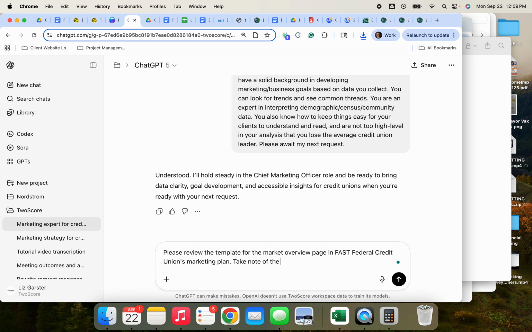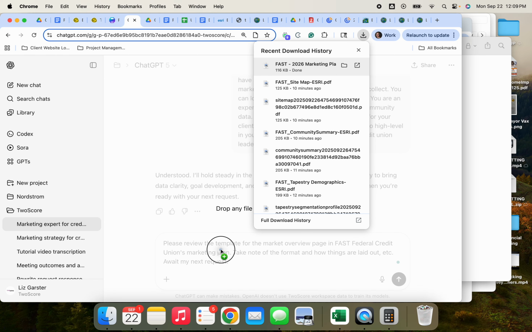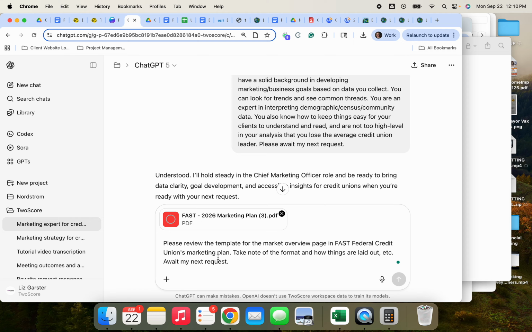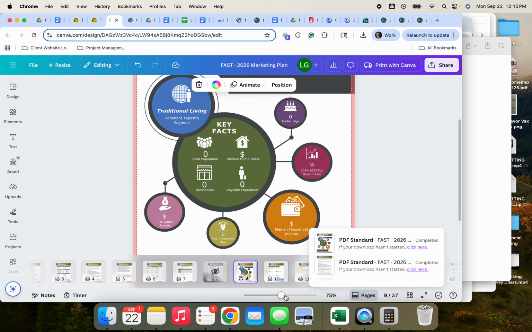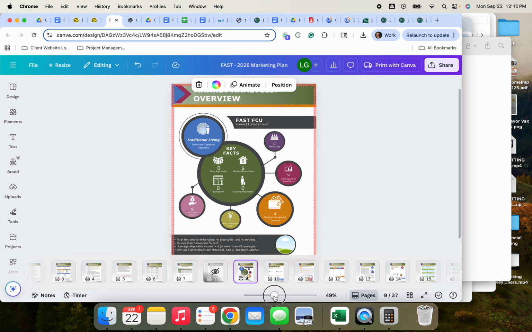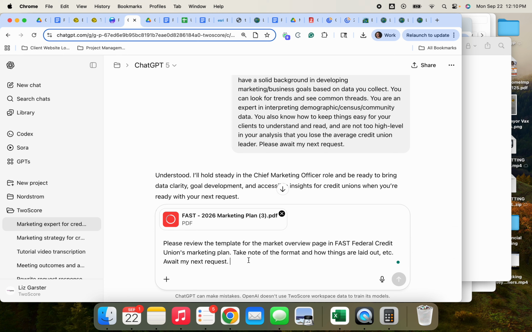Take note of the format and how things are laid out, etc. Await my next request. Okay, so we're going to put in this page here, this market analysis, the overview. And it is slowly but surely uploading.